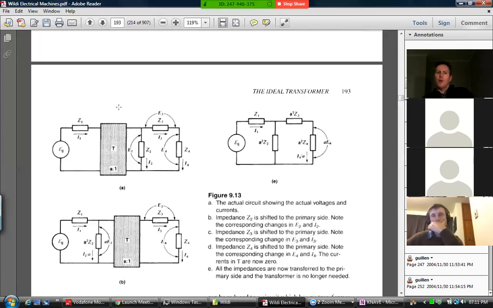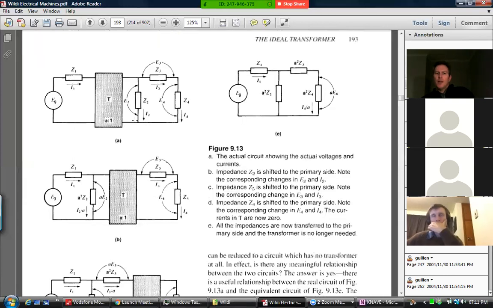What they want to show us here is that we can move these things from the secondary side. We can jump them over and replace them on the primary side as long as we multiply. So they've taken that one and shifted it over and put it here. And they reckon they're entitled to do that as long as they multiply the size of that impedance by A squared, where A is the turns ratio.